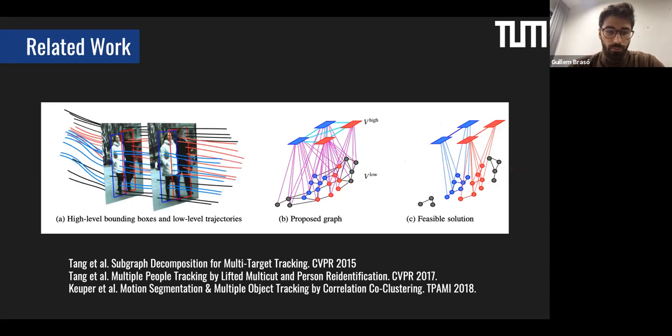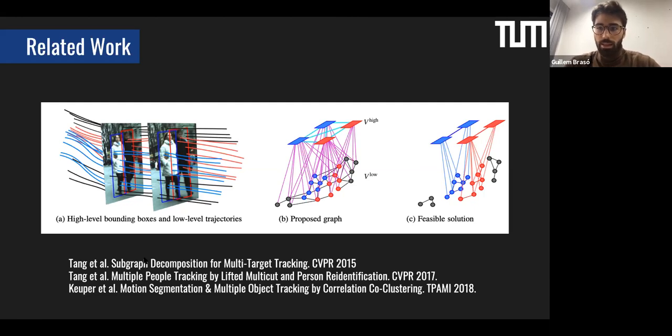Now I would like to also talk about a set of papers that are all graph based, but in general use a graph formulation called correlation clustering or multi-cut.